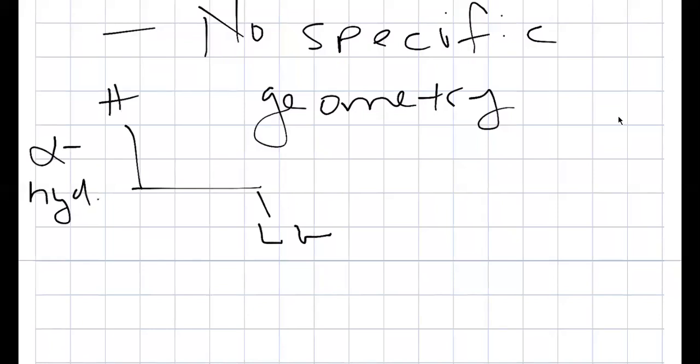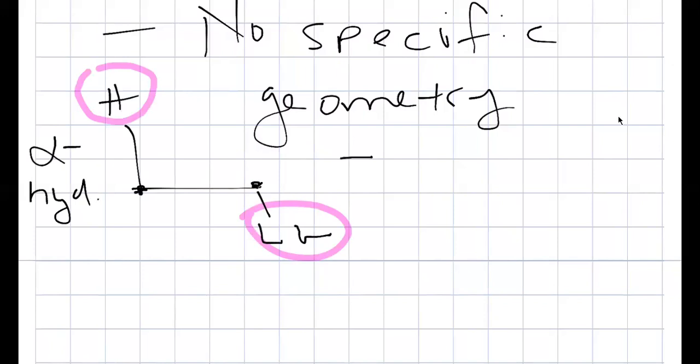When you do an E2 elimination, these things have to be opposite. So the hydrogen and the leaving group have to be on opposite sides of one another. And keep in mind, this is a carbon, and that's a carbon. So the leaving group and the hydrogen have to be on opposite sides of the same plane.